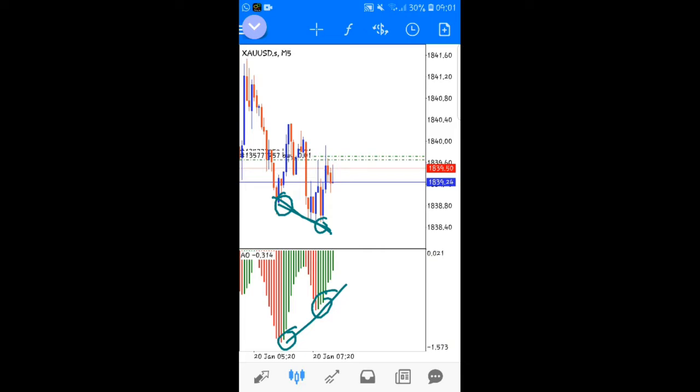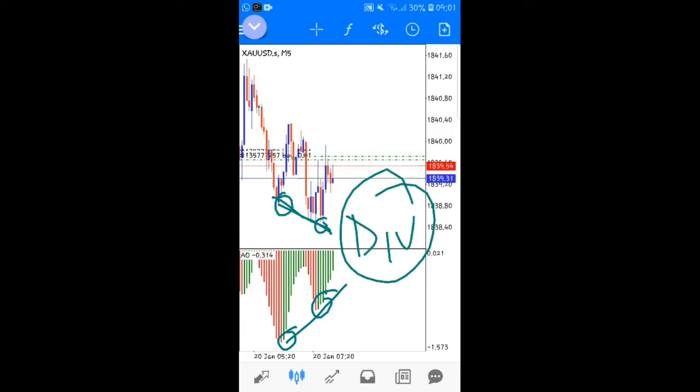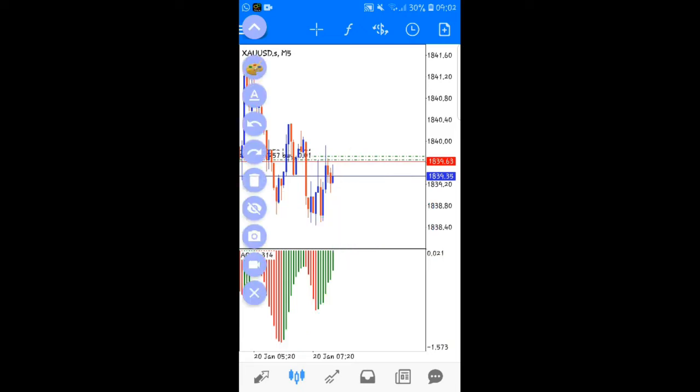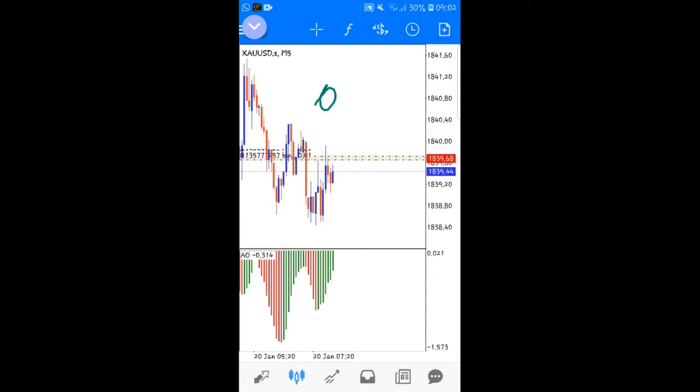This is what we call divergence, and this means the sign of reversal, that this market is going to go up. And the opposite is also true. If the market is moving from low to high, and the awesome oscillator is moving from high to low, that is divergence. It means that the market is going to reverse and go down.